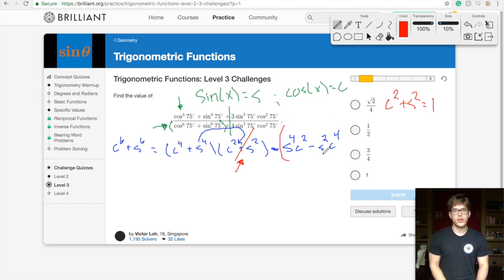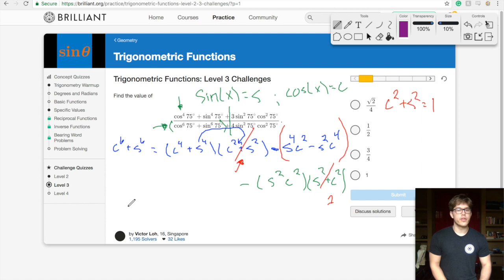And then here, we have a difference of squares, and we can factor out a sine squared and a cosine squared, and we will be left with sine squared plus cosine squared. Again, this is the Pythagorean identity, so we can cancel this out because it's going to be a 1. So what are we left with?